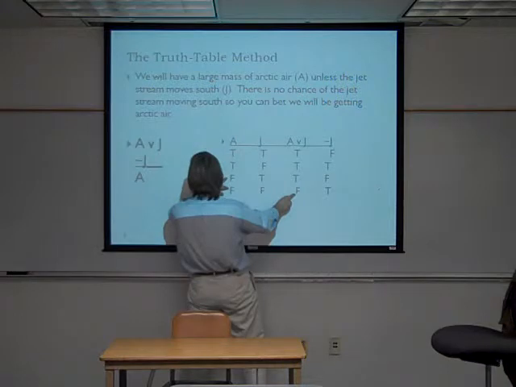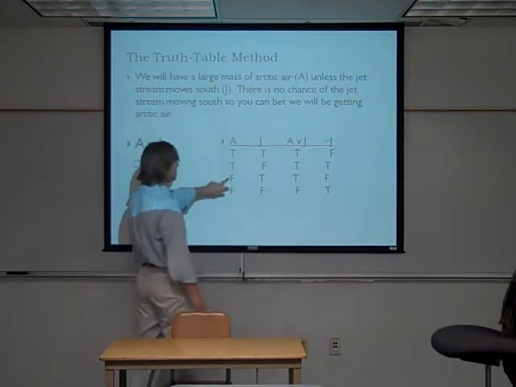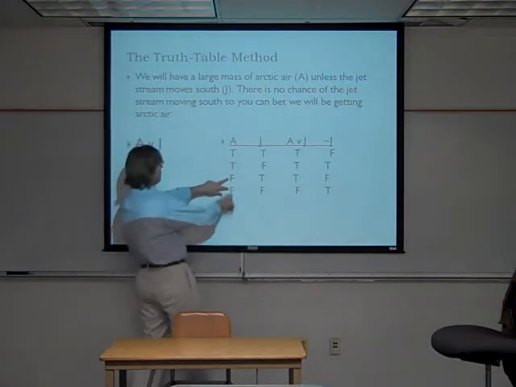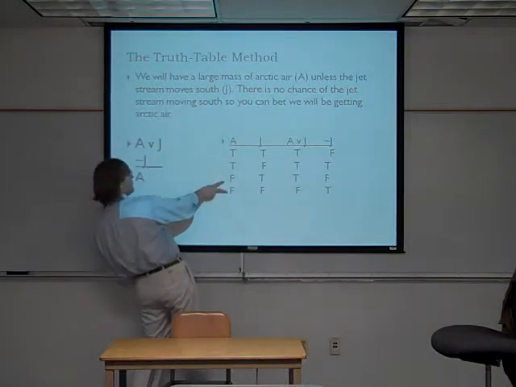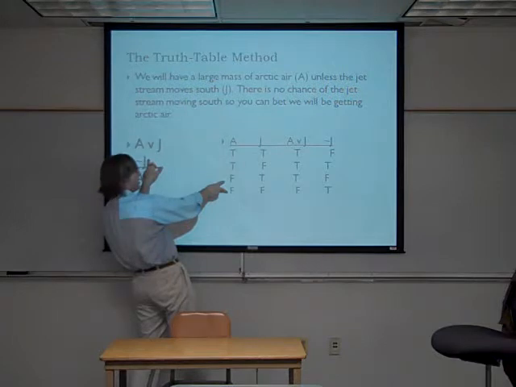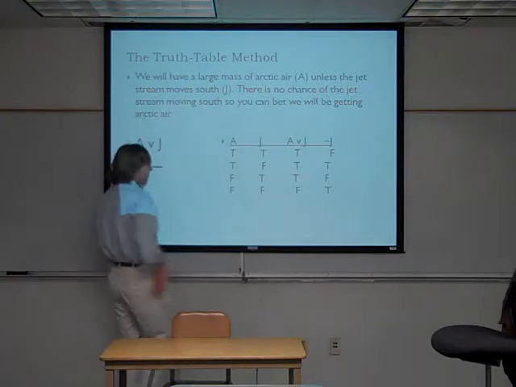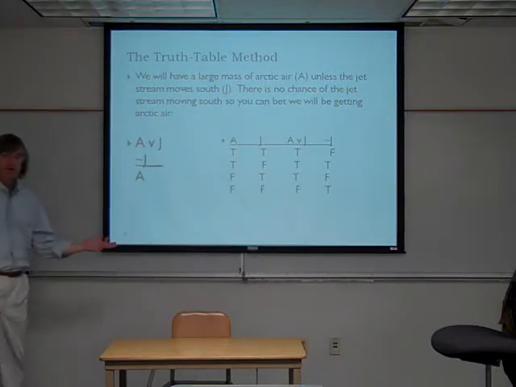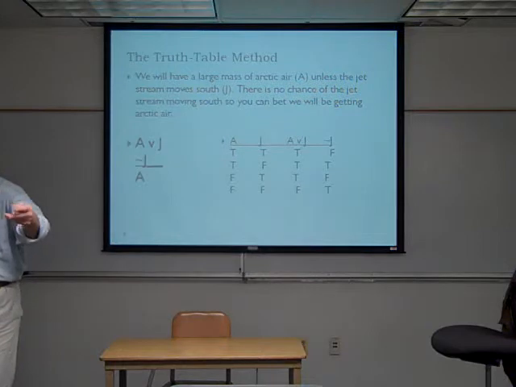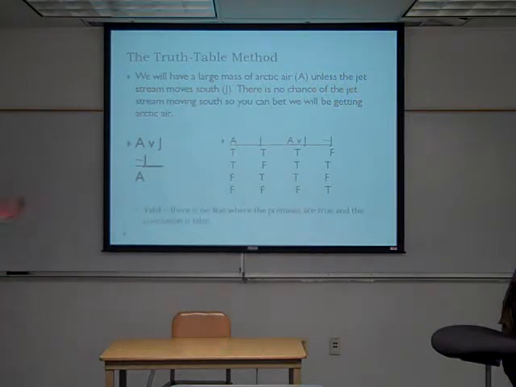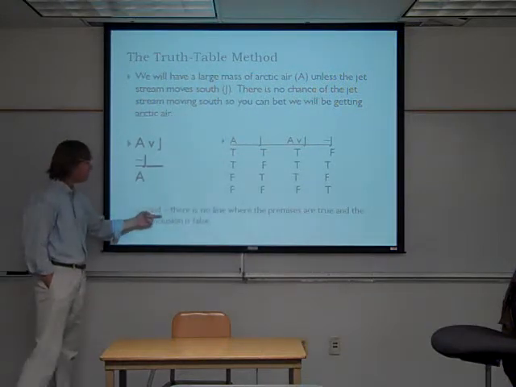Not going to happen. So there is no occasion on which A is false and both not J and A disjunction J are true. Consequently, since there is no occasion on which both premises are true and the conclusion is false, we can conclude that the argument is valid.